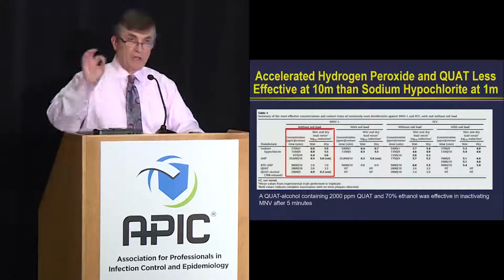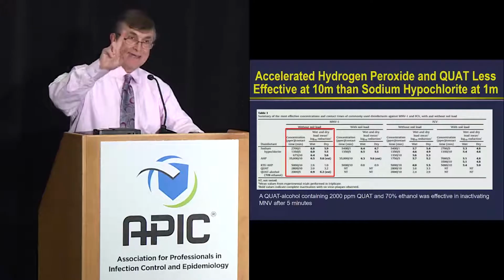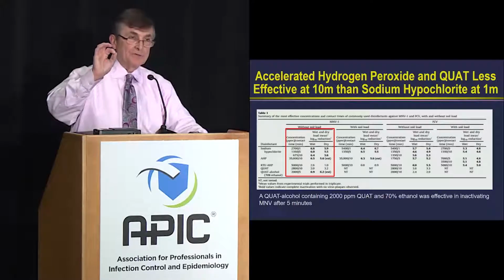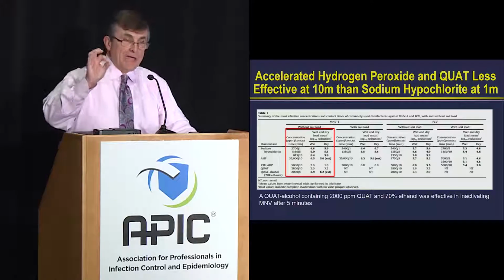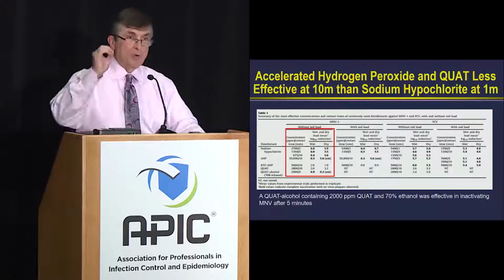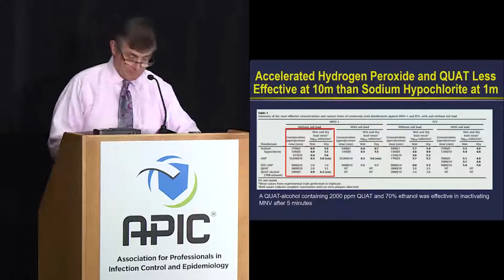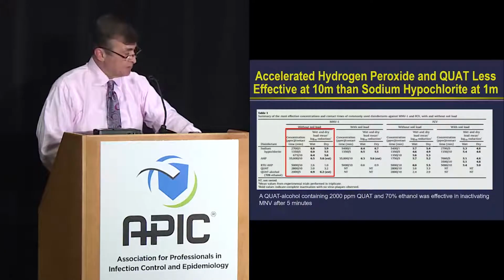Quat alone takes 10 minutes for a 2 log reduction, 99% reduction. So you see here the importance of a chlorine-containing product in eliminating a pathogen such as norovirus, and the robustness of chlorine compared to other products such as a quat or accelerated hydrogen peroxide.